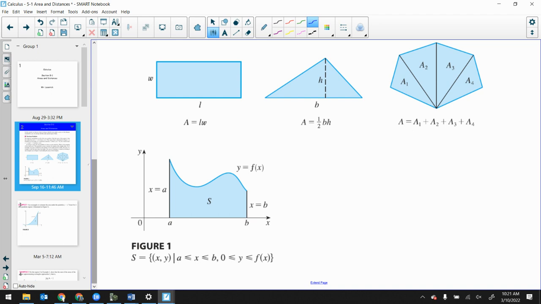I've got this weird curved shape, and we're going to cut it up so that it fits into nice, neat little pieces that I can easily find the area of, and then add those all together. I'm going to be finding a lot of sums in this chapter, basically.